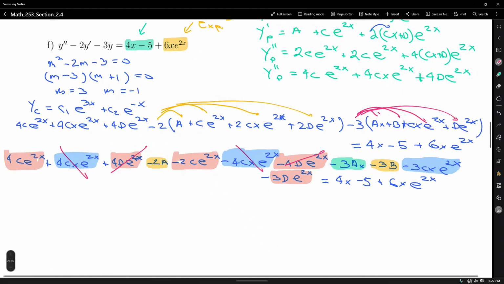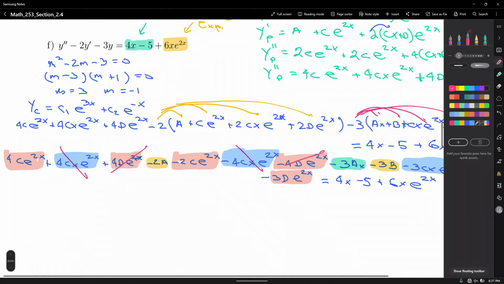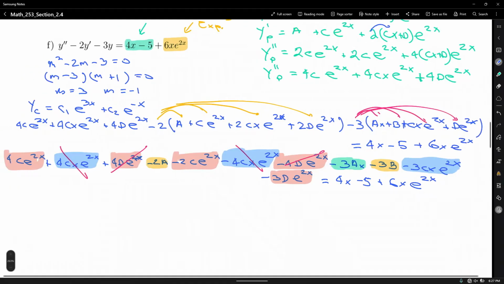What do we have? Linear, constant, linear times constant. So let's follow the same pattern. For linear, the only linear we have is negative 3ax.